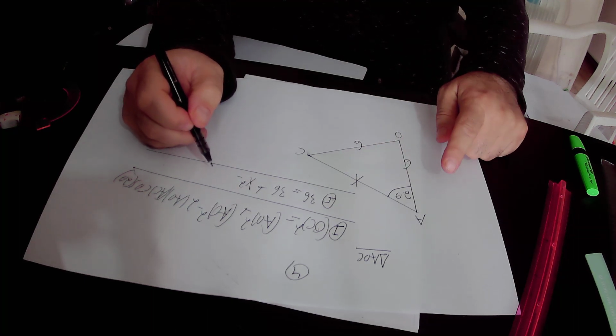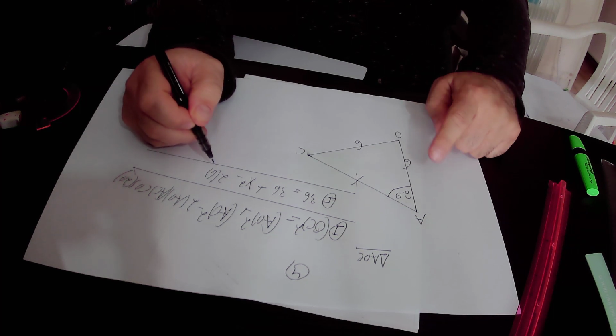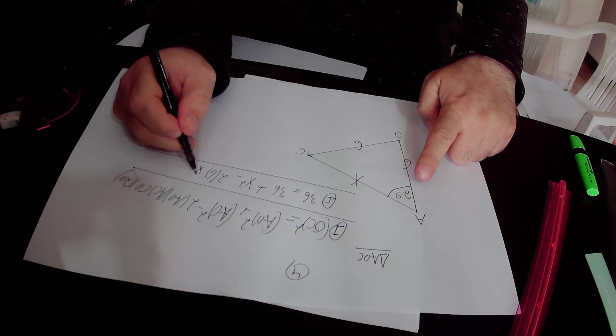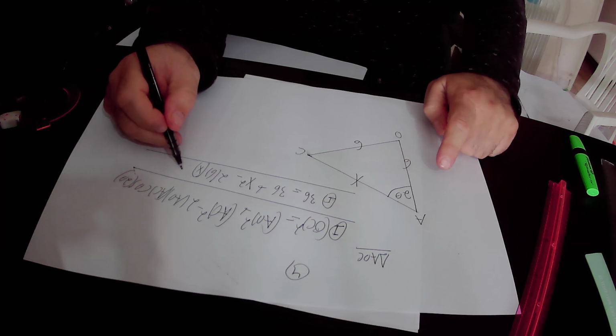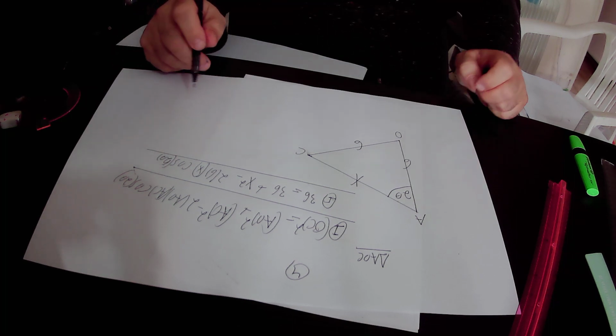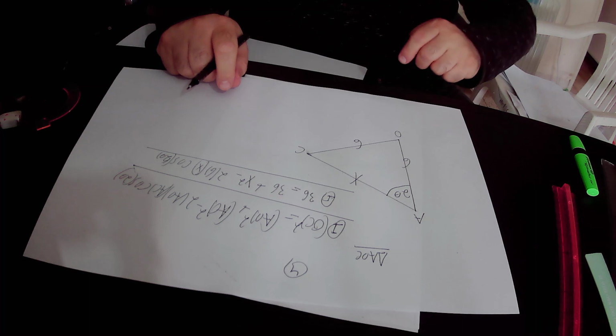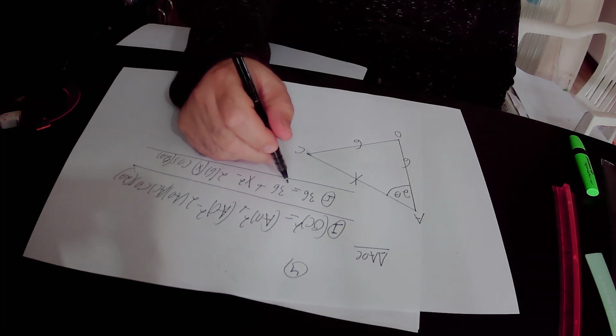Minus 2 times AO, that is 6, times AC, that is x, times cosine 2 theta. So here we have 36 on both sides of equation number 1, so 36 will get cancelled.